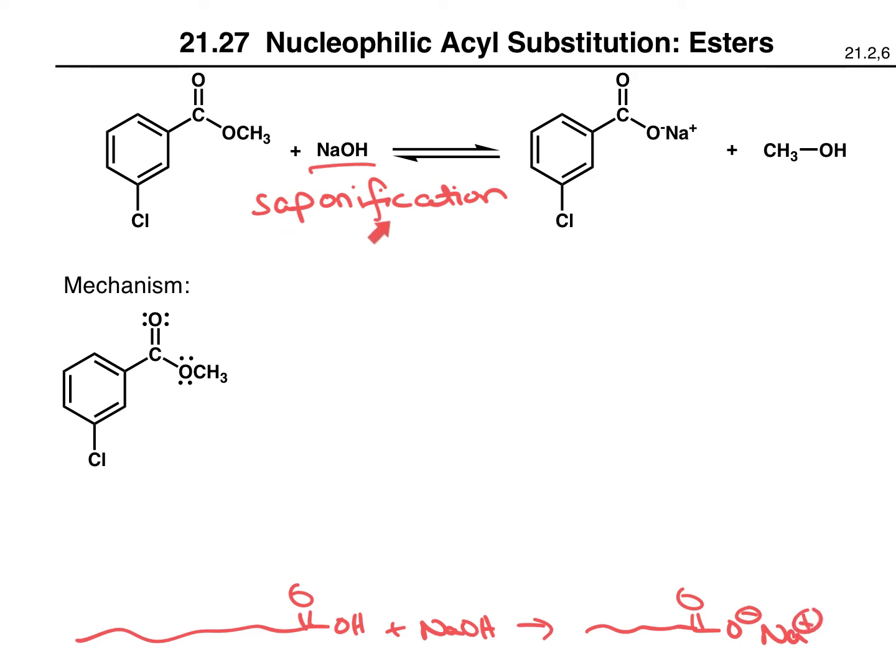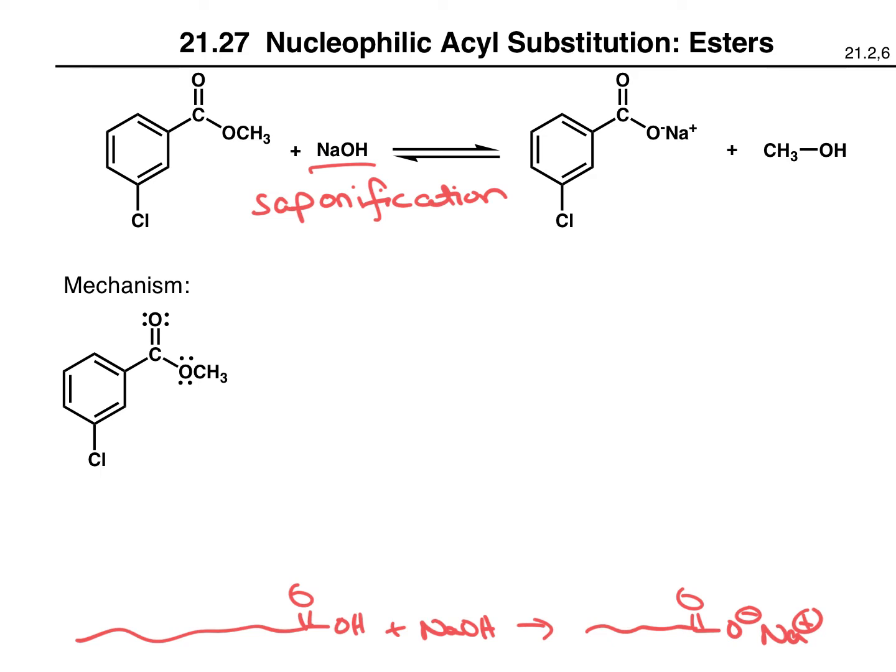So the term saponification is derived from the words for soap making. So ester hydrolysis under basic conditions is called saponification. And this is a reaction that you will be investigating in lab very soon.